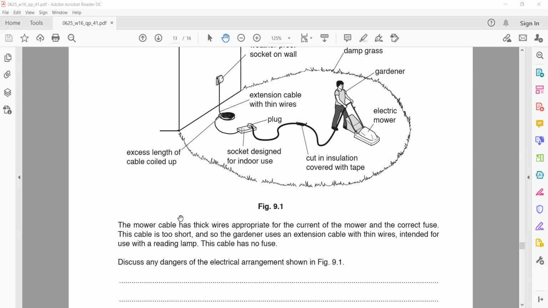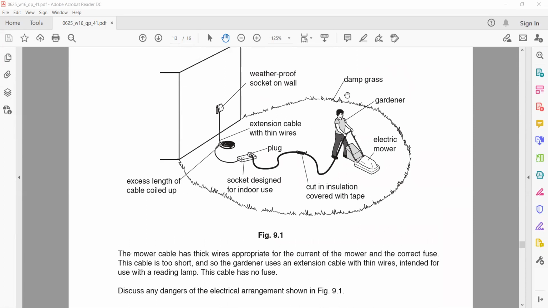So this cable does not have any fuse. Discuss any dangers of the electrical arrangement shown in figure 9.1. What are the dangers? Can you point out any dangers?